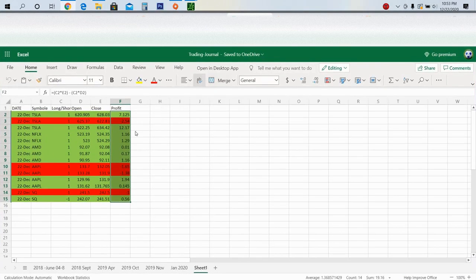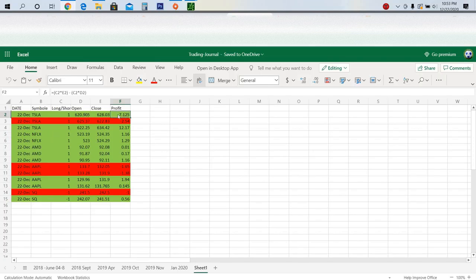Oh. So I made this spreadsheet to kind of visualize my profit and loss. Obviously, this is just to show which side I'm taking. My -1 is short side, and 1 is long side.